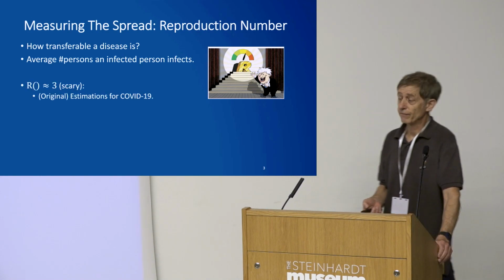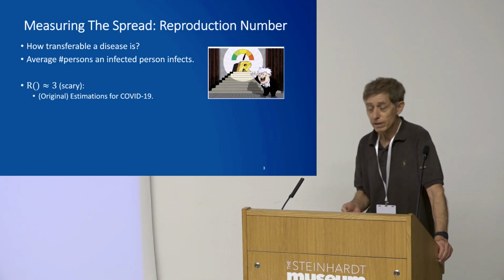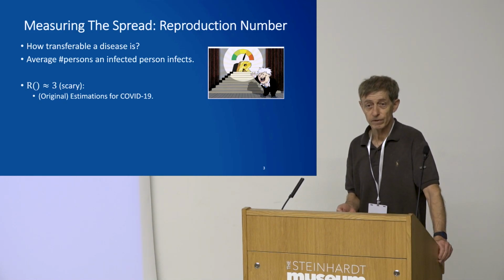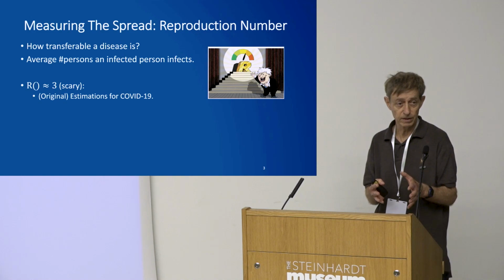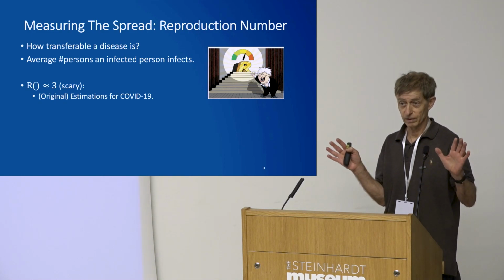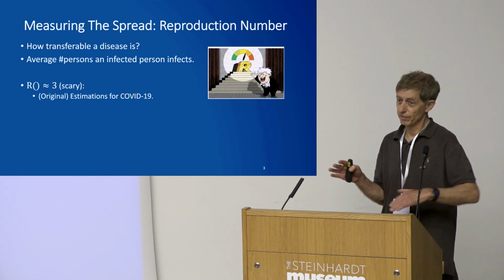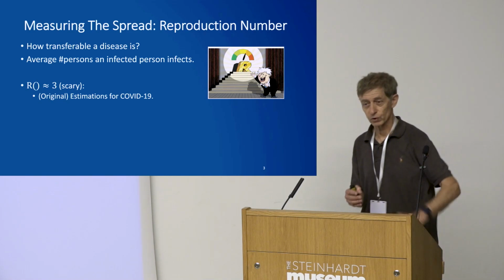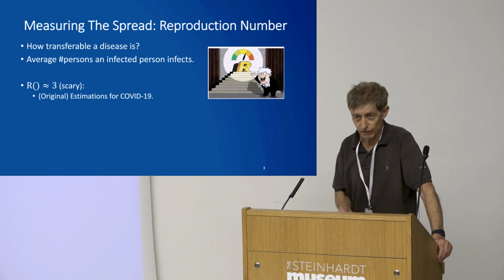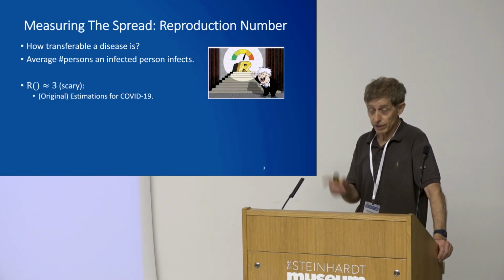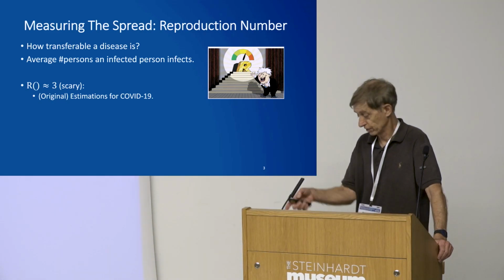For example, if R is 3, then it's very scary. It means that every infected person infects 3 persons. And if this is real, then COVID would go through the sky in very few months. This was the original estimation for COVID, 3, very scary.